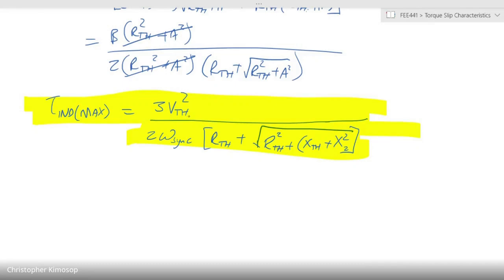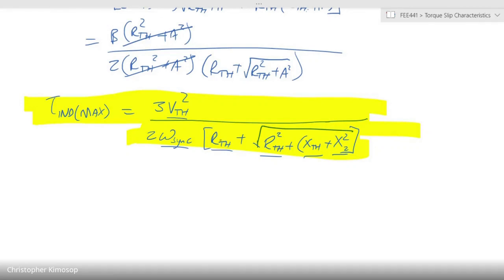However, Thevenin voltage is a fixed value. Synchronous speed is a fixed value. These are also fixed. So what this shows us is that the magnitude of the maximum induced torque is actually independent of what the slip and the rotor speed are.